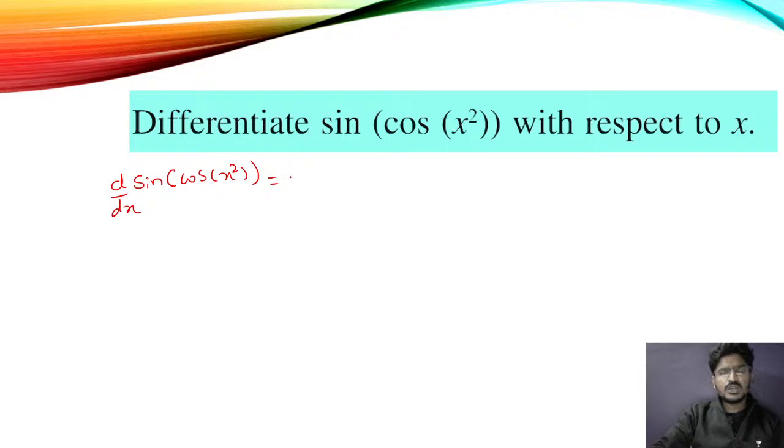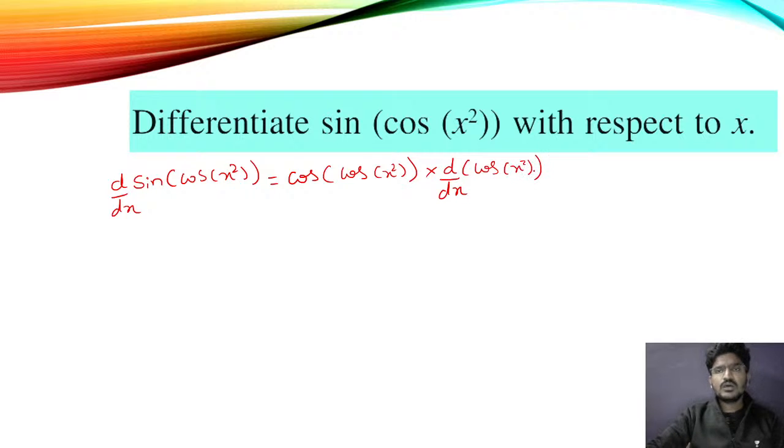It is going to be equal to cos of x square multiplied with d by dx of cos x square, next multiplied with d by dx of x square. Clear? So that is, differentiation of sine is cos. You can write as it is, no problem.